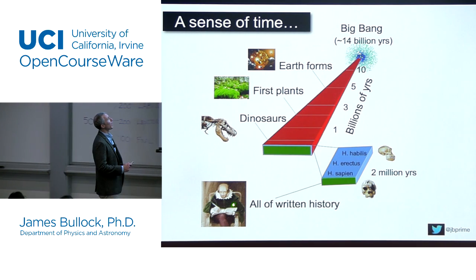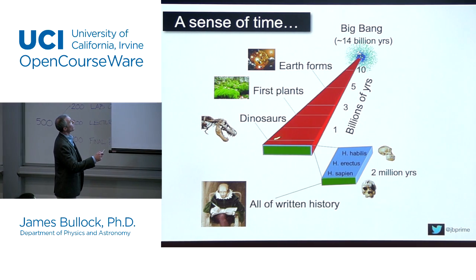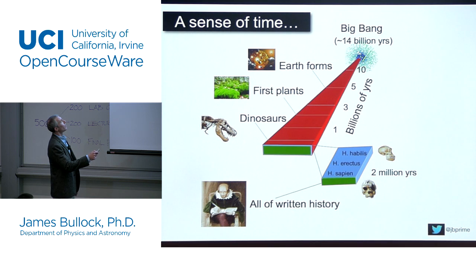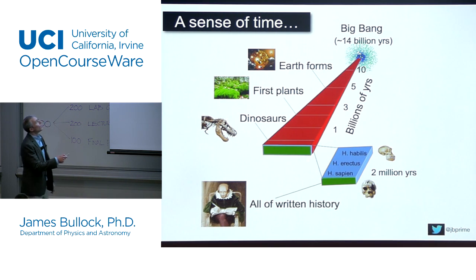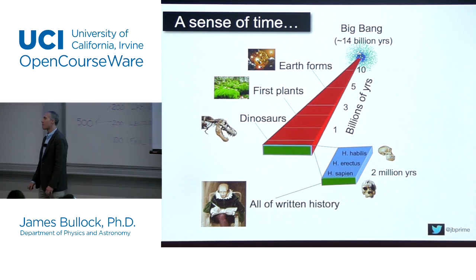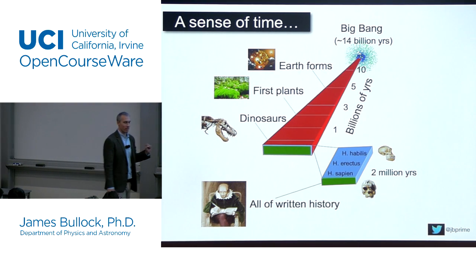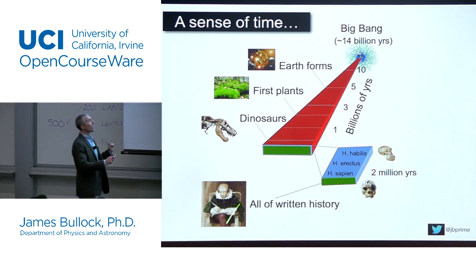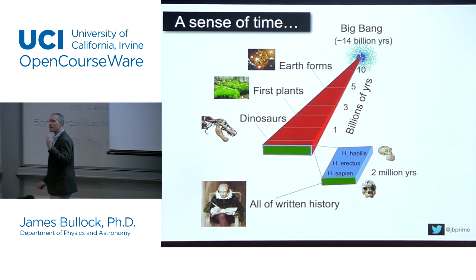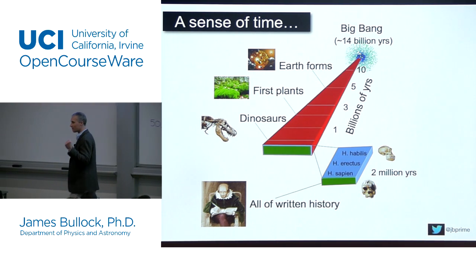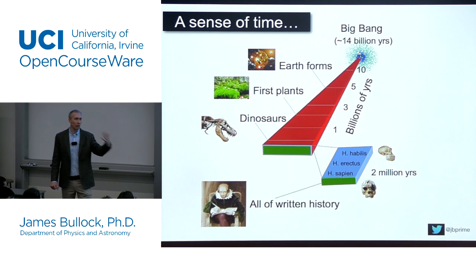So just to put it in perspective, this is sort of a timeline that I've tried to make here in billions of years. We think the Earth formed about 5 billion years ago. The Earth and the Sun both formed about 5 billion years ago. So the universe itself is almost 3 times older than the Earth. So the Earth is sort of relatively young.